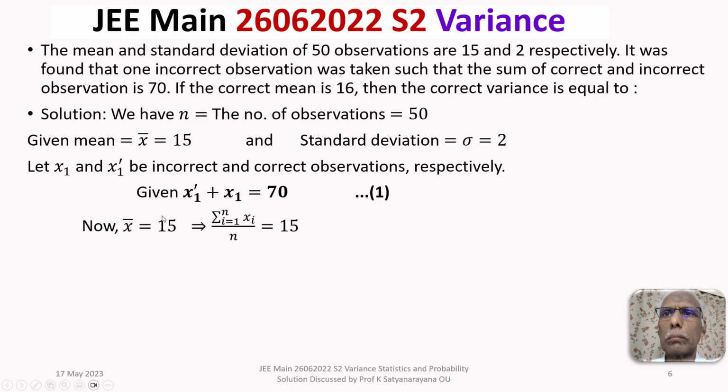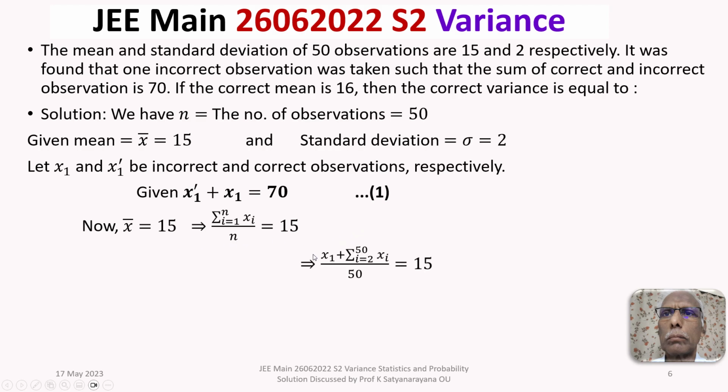And this x bar is 15. Now one of the observations is incorrect. That means with the incorrect observation, the mean is the sum of the observations by the number of observations, equal to 15.